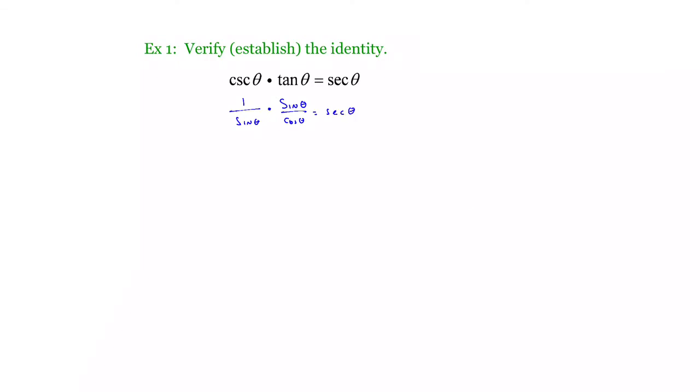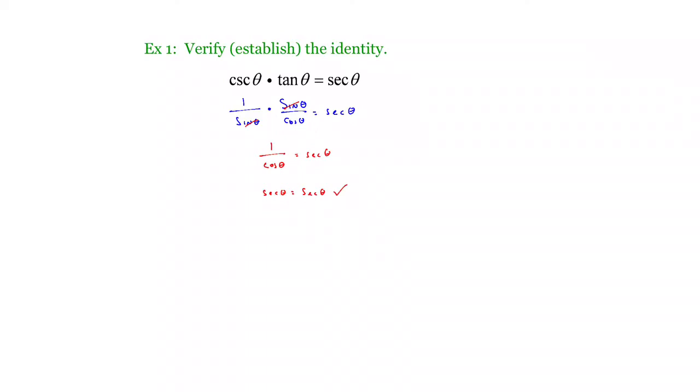So you can see that the sine of thetas are now going to cancel, and you're left with 1 over cosine of theta. And now we know that 1 over cosine of theta, using the reciprocal identities, is equivalent to secant of theta. So we have established or verified that this identity is true, that cosecant of theta times tangent of theta will always equal secant of theta.